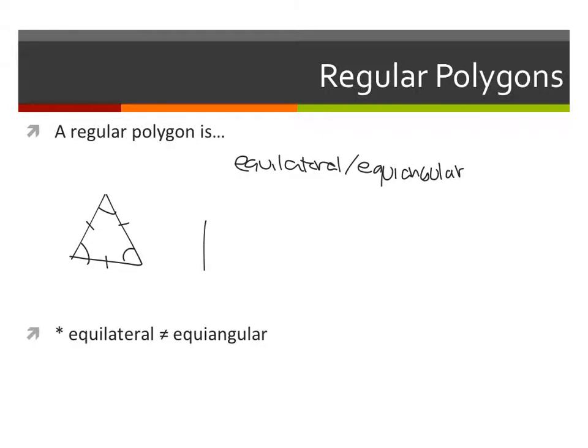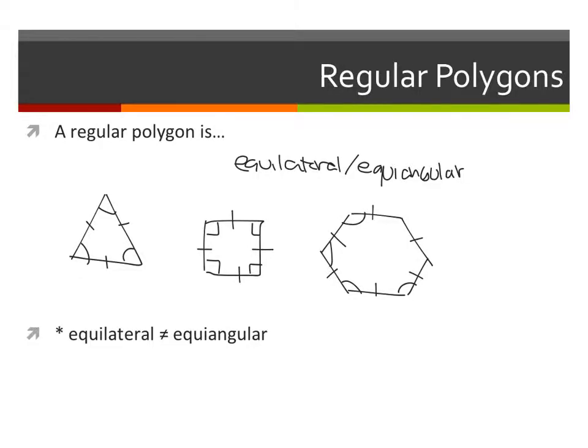If you imagine a regular quadrilateral, it would be a square. It's equiangular and equilateral. And you can even picture a hexagon that's equiangular and equilateral.